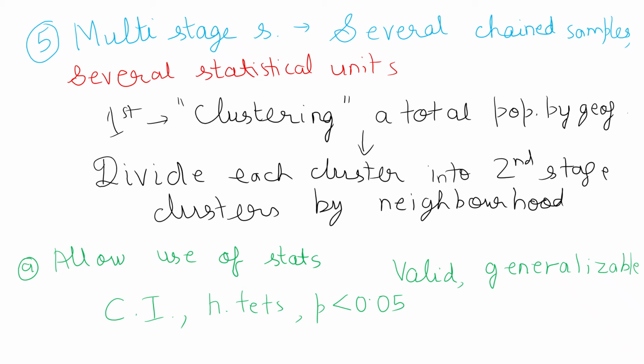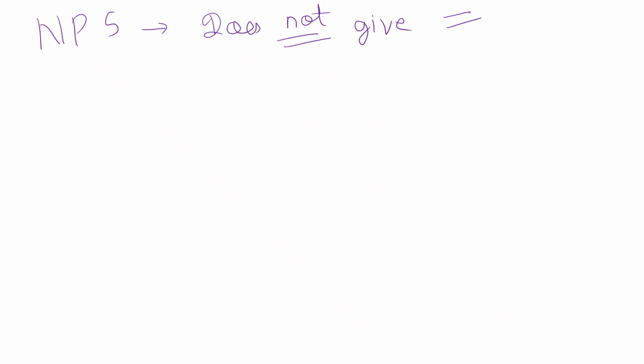Now talking about NPS, that is non-probability sampling. First I'll explain what it is. It does not give all individuals in the population an equal chance of being selected.